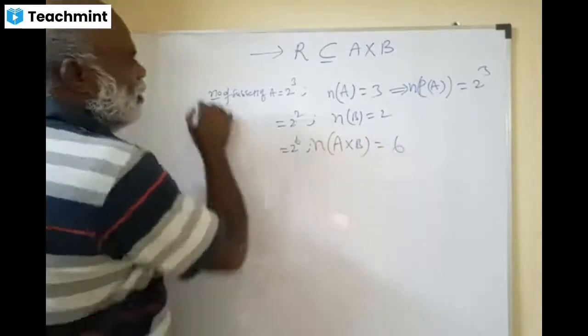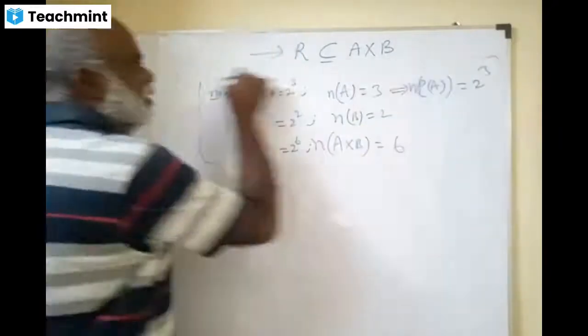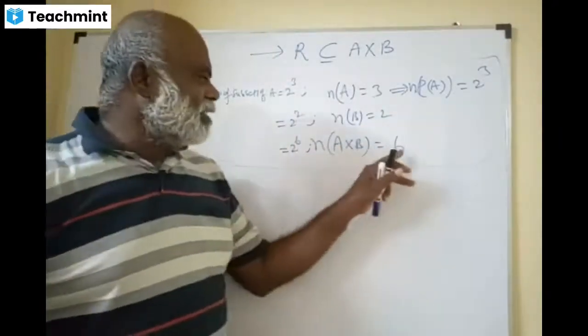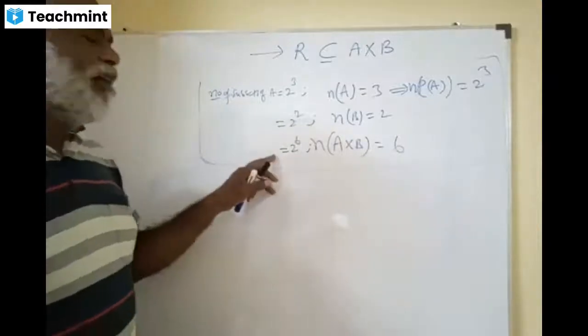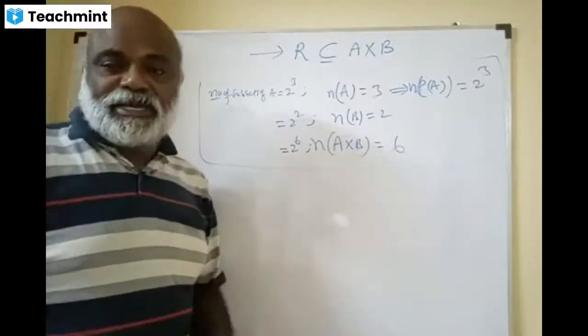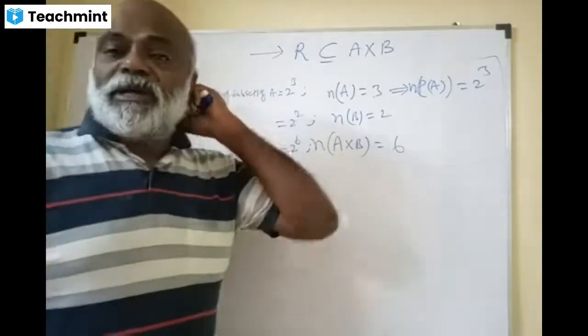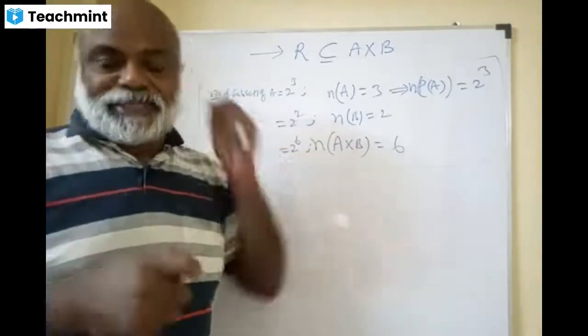This is how we have built the story for relations. So if A cross B has 6 elements, then the number of relations possible is 2 power 6, that means 64 relations we can make.